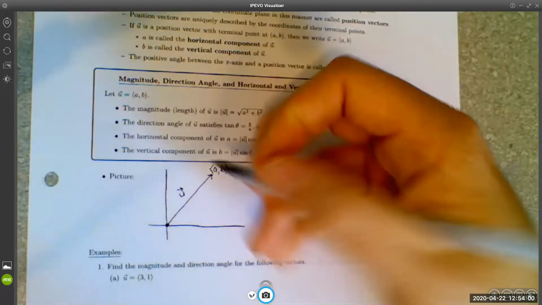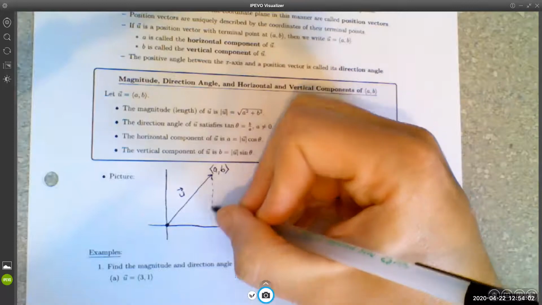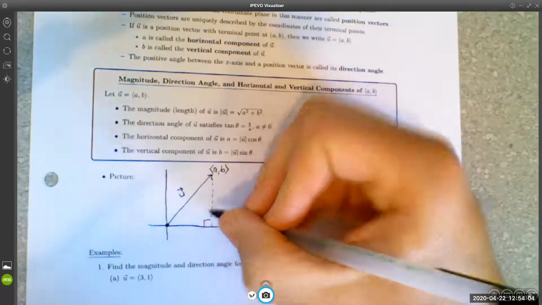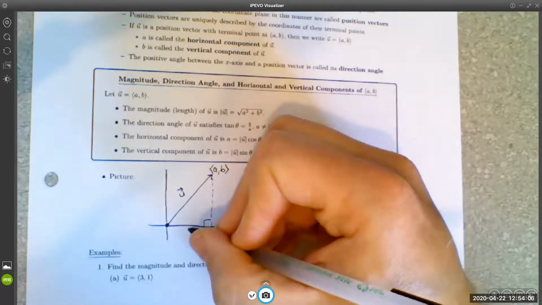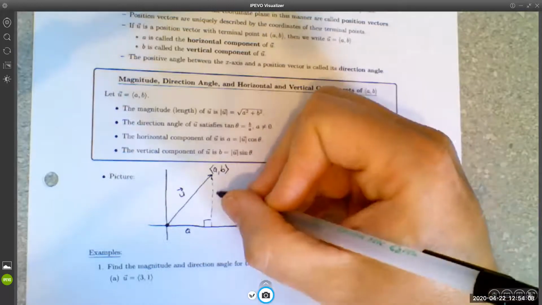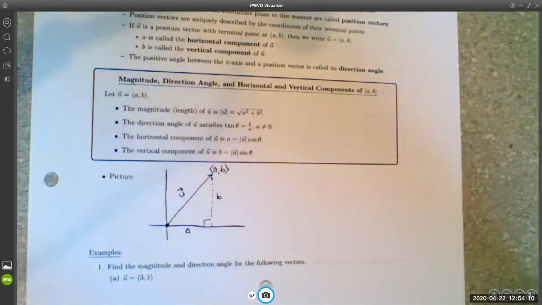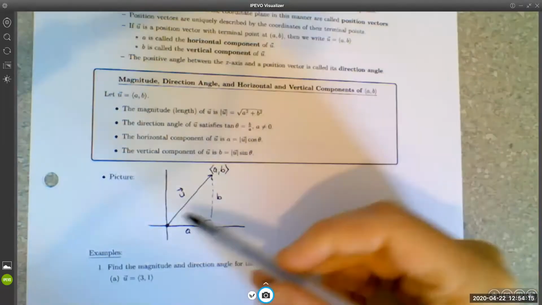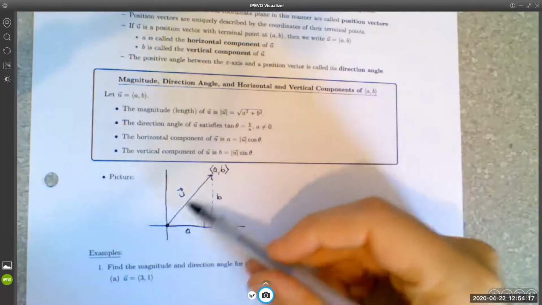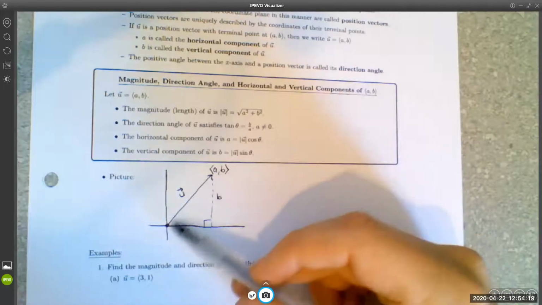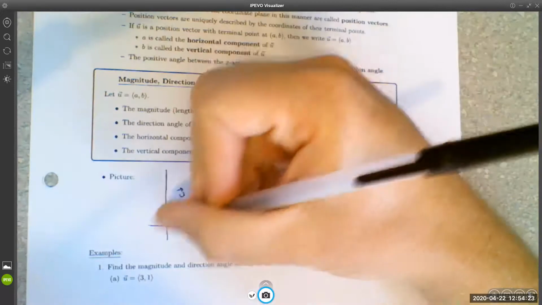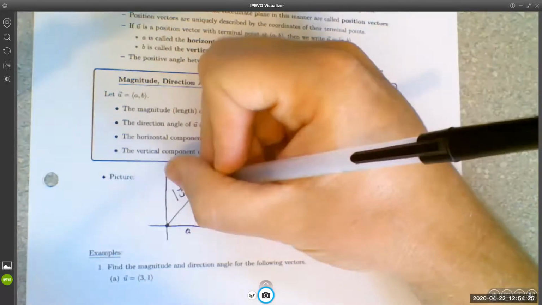Now you can obviously make a little right triangle out of all this. This right triangle would have one leg that is a, the other leg that is b. The magnitude of vector u is the same thing as the length of this vector, so the length of that side is just the magnitude of u.